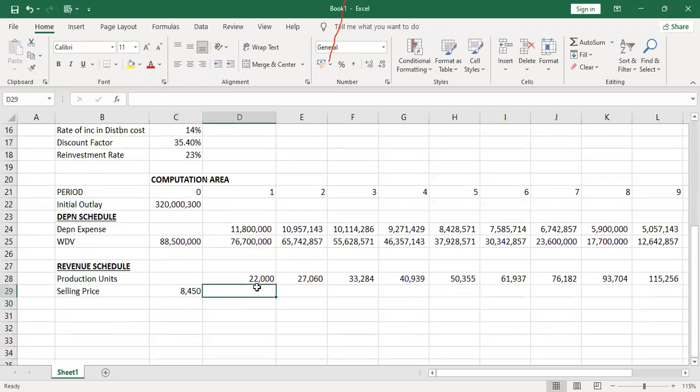So I have to calculate the selling price in period 1. My selling price in period 1 is affected by inflation.